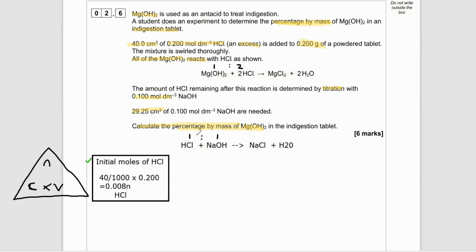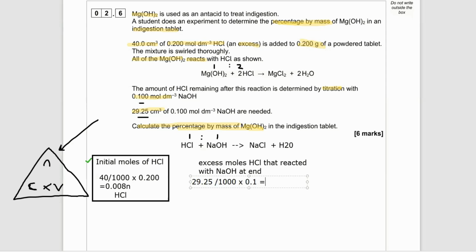Anyway, how do we know how many moles of hydrochloric acid reacted with magnesium hydroxide? We don't. We just have a load of leftover hydrochloric acid that we then went and reacted with sodium hydroxide. So let's calculate that leftover hydrochloric acid. How much was left over? If we can find that out, we can find out how many was used up in the first reaction. So this is like the back titration bit.